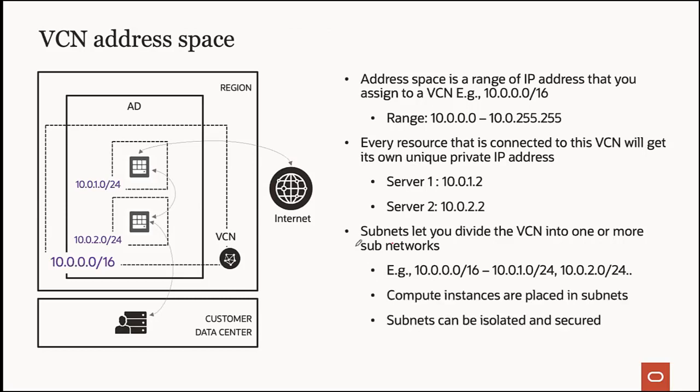So overall, yes, we can expand. We can actually even create multiple VCNs that can have overlapping CIDRs. However, they obviously cannot communicate with each other, but it is possible to even have overlapping CIDRs as long as they're operating independently from one another.